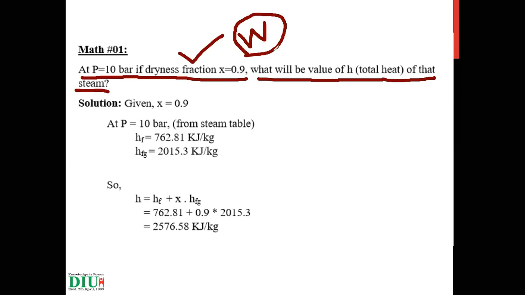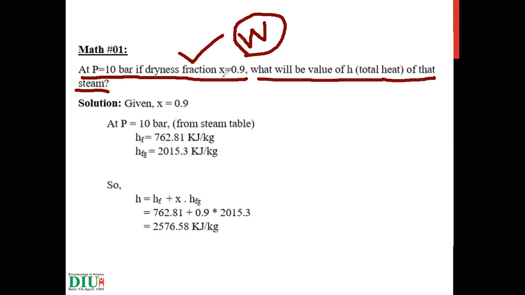For dry steam nothing is required for dryness fraction, because all the water has converted to steam, so there is no portion of water left. So the fraction remains only in wet steam. So when you see that the dryness fraction is given, you can definitely decide that this is wet steam.